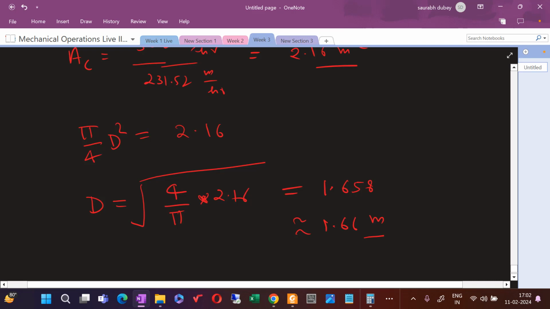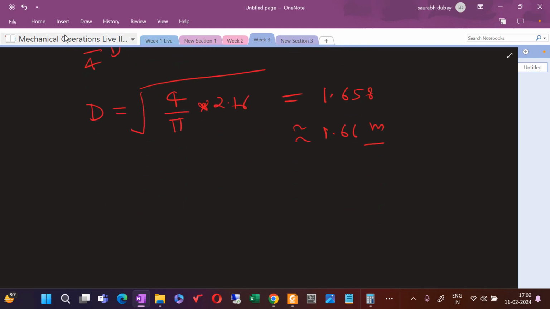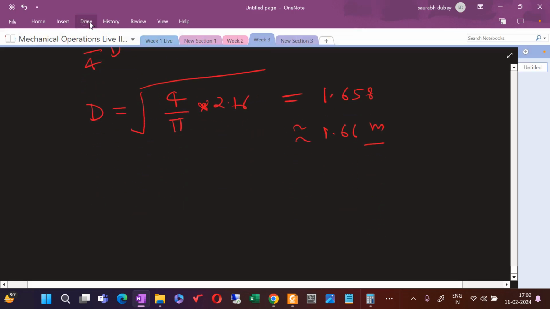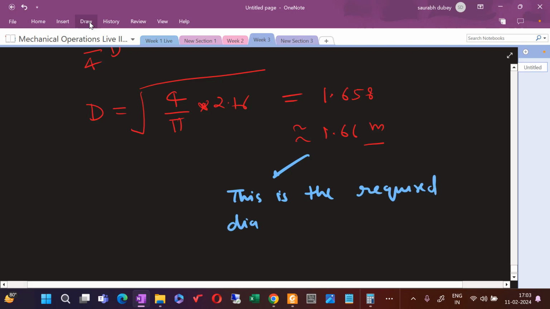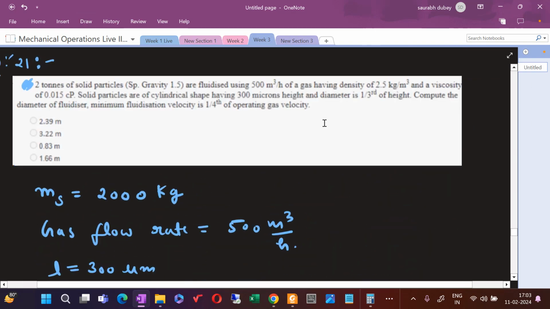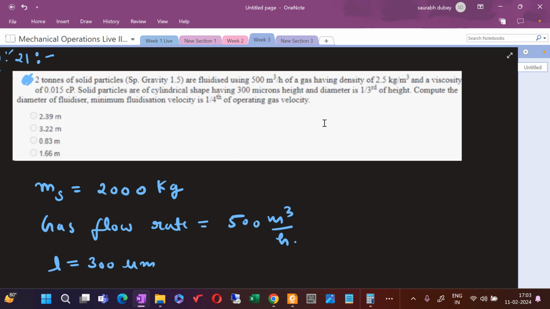This is the required diameter of the fluidizer. So this completes this question. So maybe option 1.6, the last one, D is the correct answer. So this completes this question.